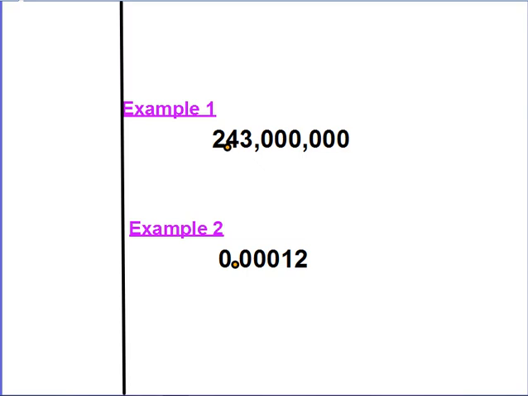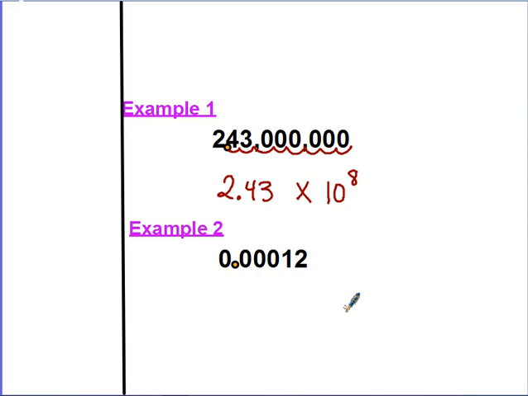That number there is my A. So I have 2.43 and then a whole bunch of unnecessary zeros, so I'm not going to write those down. So I have 2.43 times 10 to the, let's count how many times we moved that decimal point. We moved it 1, 2, 3, 4, 5, 6, 7, 8 times. So my exponent's going to be 8.